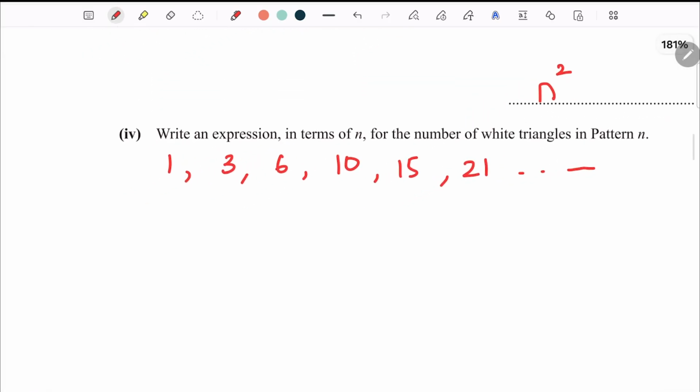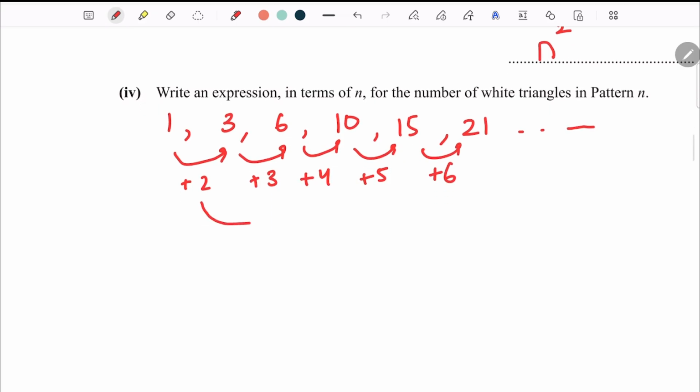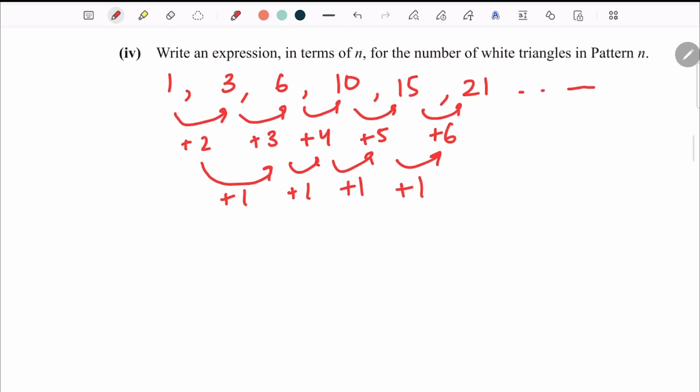Now when I find the difference between them, this is plus 2, plus 3, plus 4, plus 5, and plus 6. And the difference between the differences is plus 1. This is a common difference. The second difference is basically common, and that is plus 1.